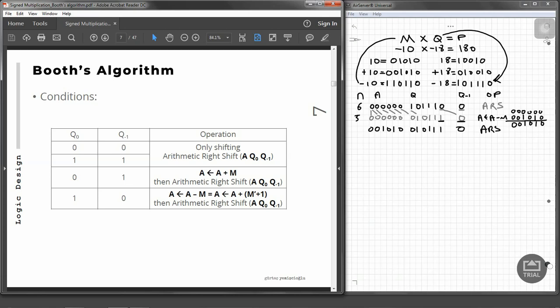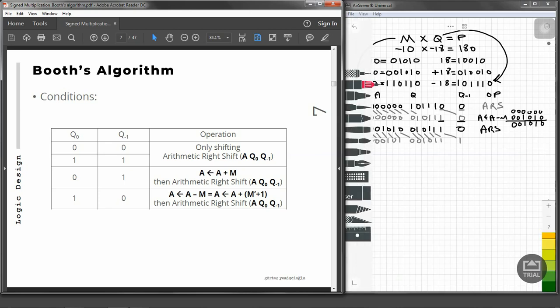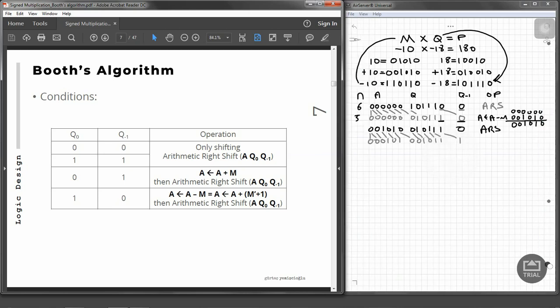So this is going to be 0, 0, 0, 0, 1, 0, 1, 0, 1, 1, and then 1 shifted. Now we have got the new value and our n is going to be decremented to 4.